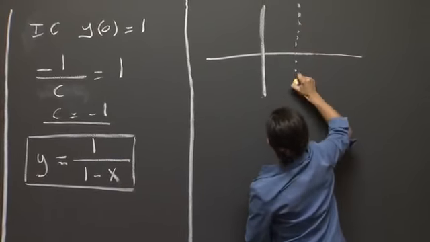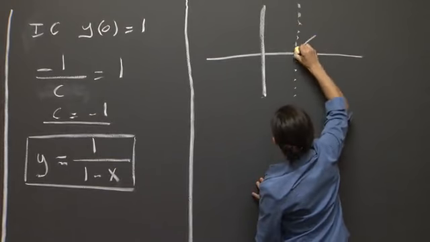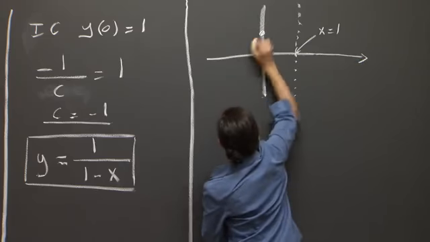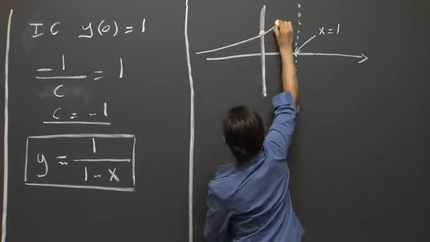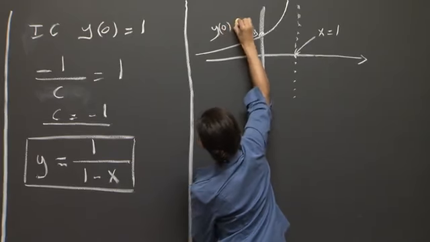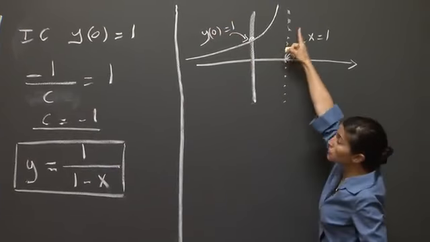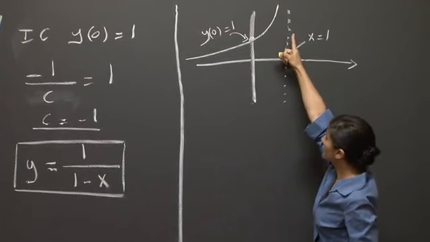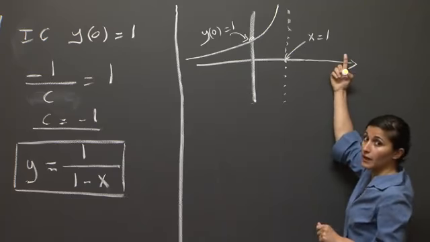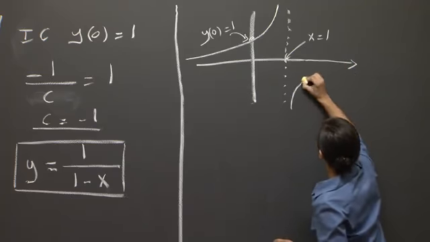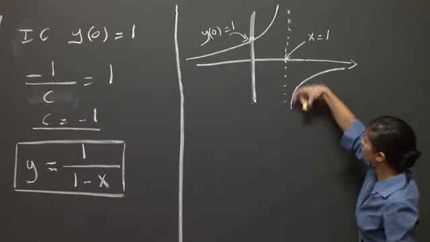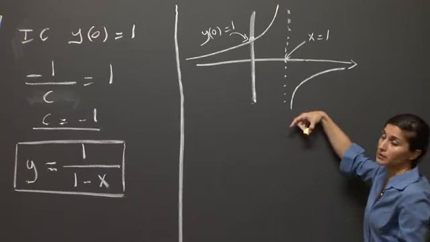We're going to have an asymptote at x equals 1, and a solution that passes through our initial condition y equals 1, going to infinity when approaching x equals 1. But on the right side of x equals 1, we also have another part of the solution that goes to 0 as x goes to infinity, and that diverges to minus infinity when x approaches 1.